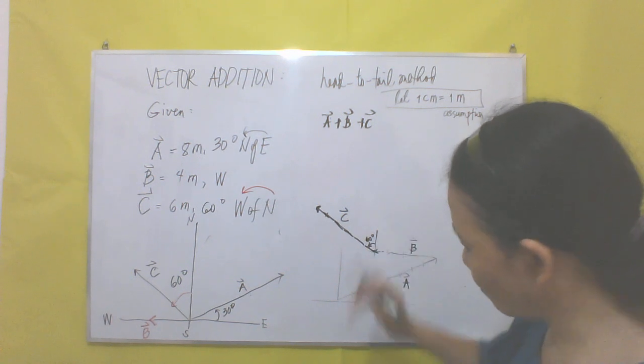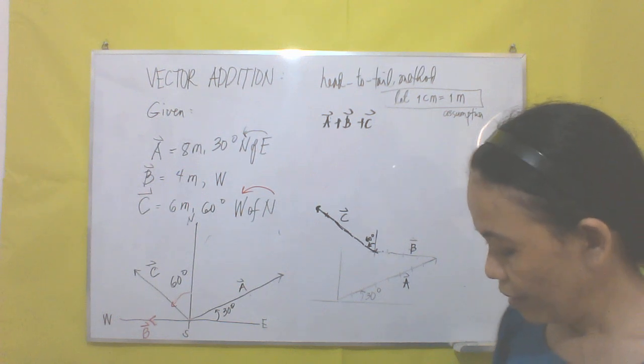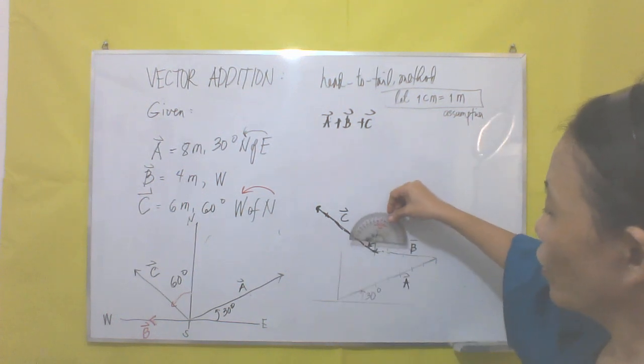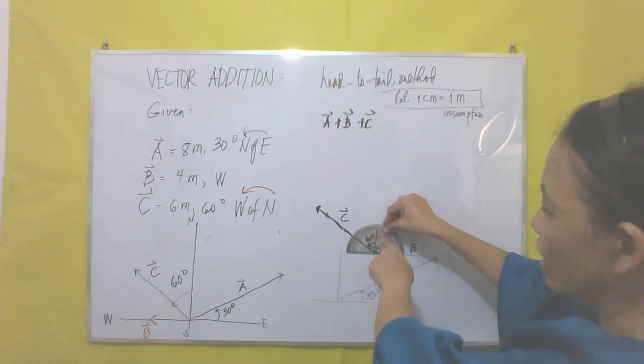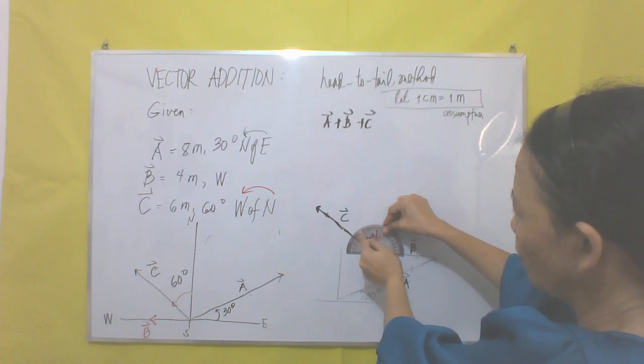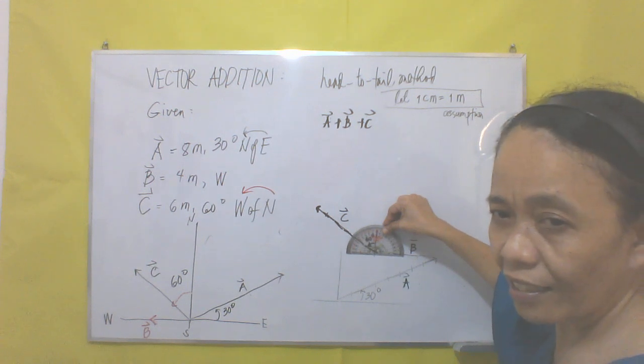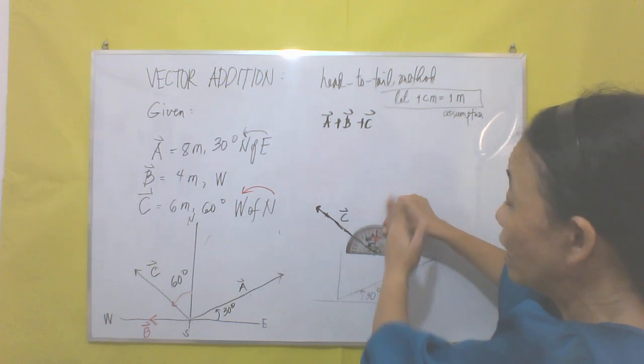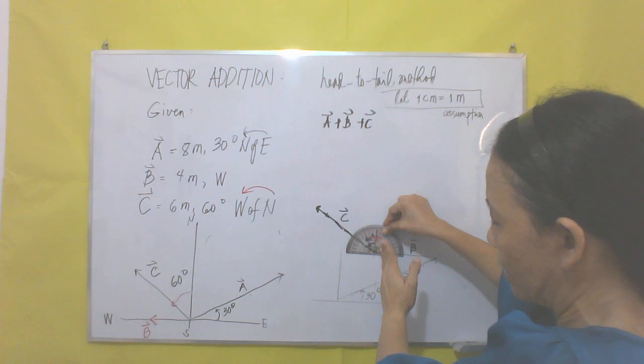This is 60. Again, as I have said, using your protractor, measure 60 degrees. So from here, 10, 20, 30, 40, 50, 60, since the angle is with respect to the y-axis.